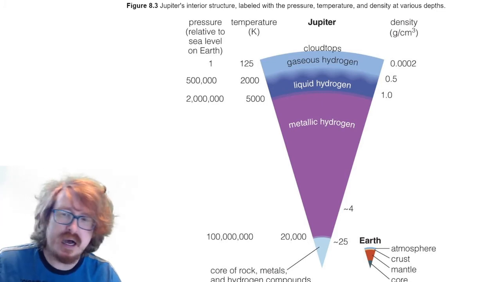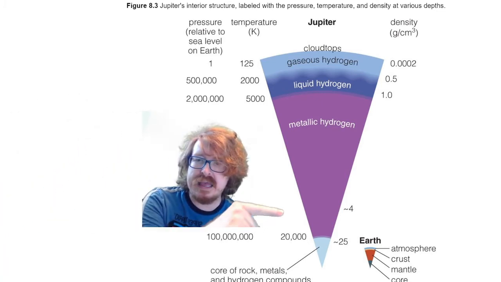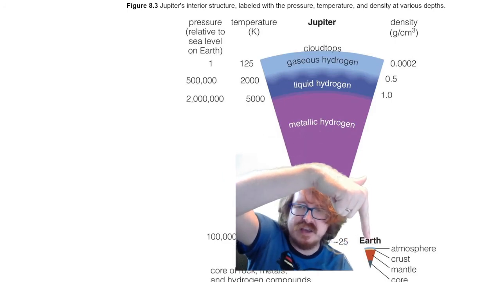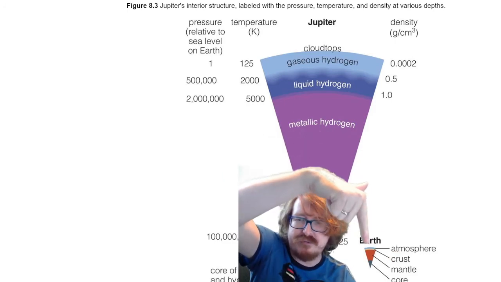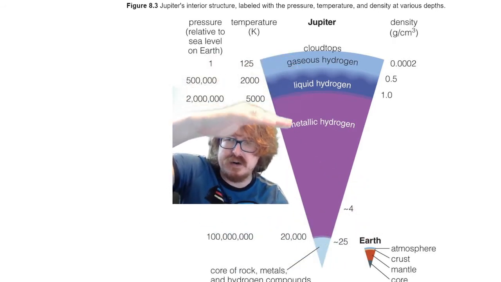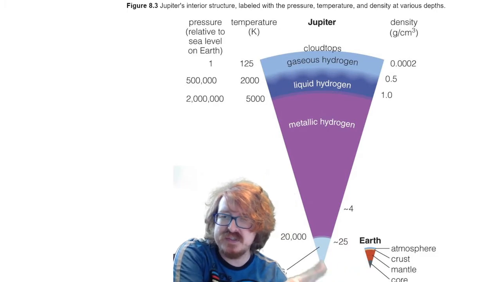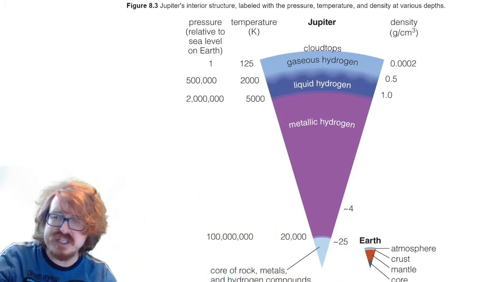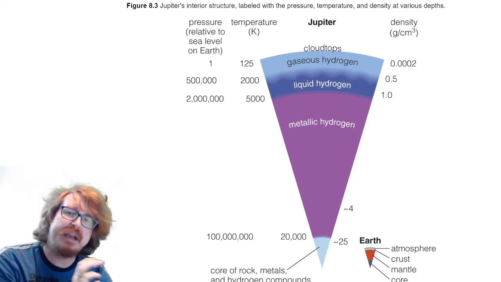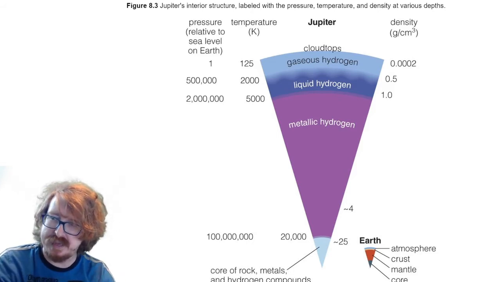Okay, now, if we look way down here, this is the Earth with all of its layers that we talked about, for comparison. So you can see just how much bigger Jupiter is than us. And I want to label these layers slightly differently than how they're labeled here, okay?